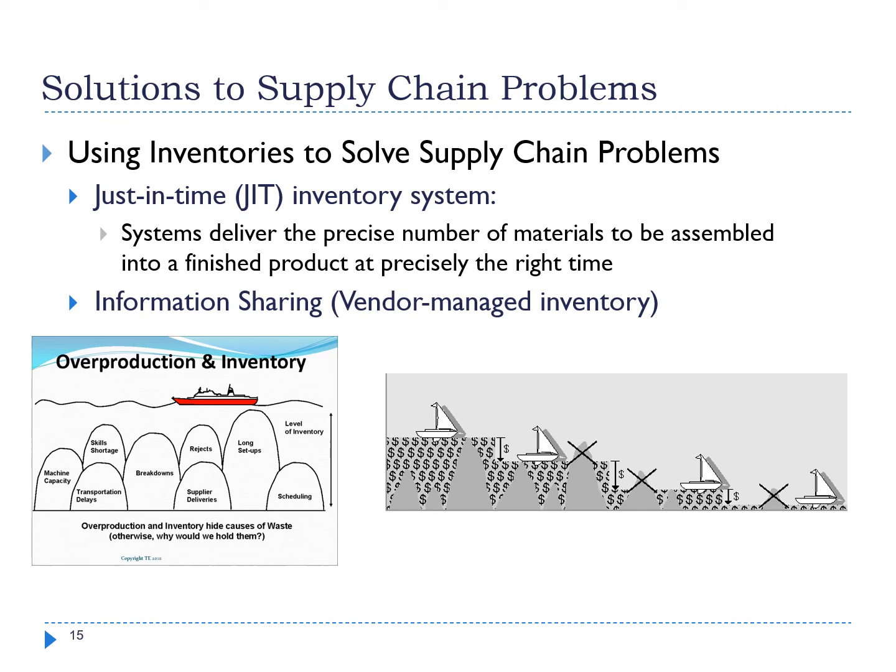One common approach to improve demand forecasts is to share information along the supply chain. Information sharing can be facilitated by electronic data interchange and extranets, which we'll talk about in the next session.